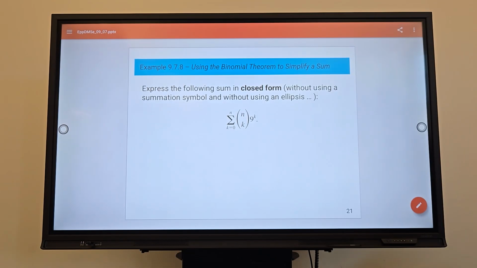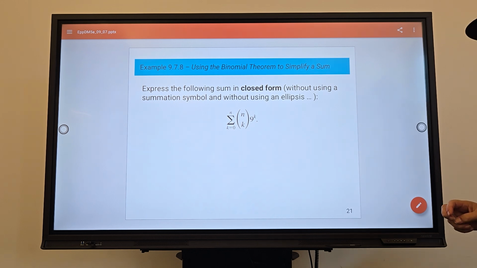But now express the following sum in closed form without using a summation symbol and without using an ellipsis. The summation with k from 0 to n of n choose k times 9 to the kth power.